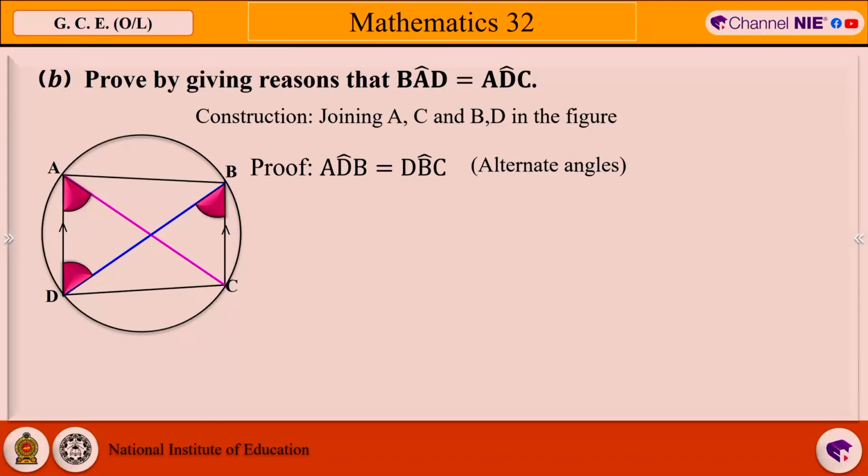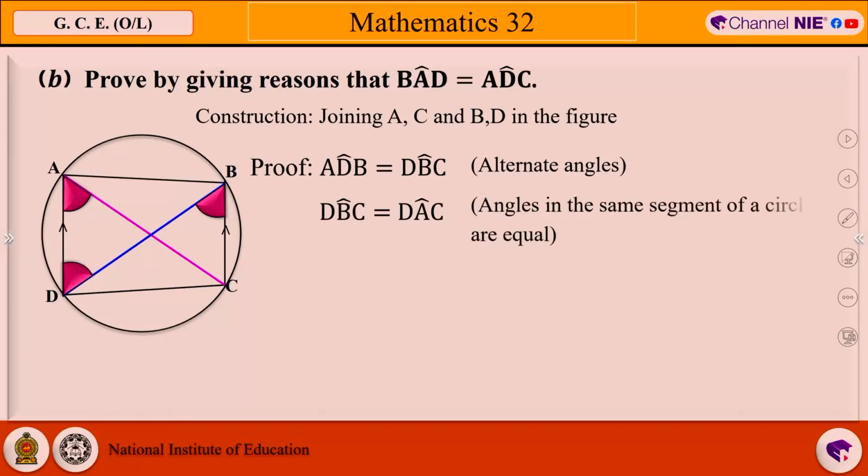They are again equal. Why is that? They are in the same segment of the circle. So, angles in the same segment are equal in magnitude. Okay. Now, we have built up two relationships. Using these two relationships, we can come up with DAC equals ADB.